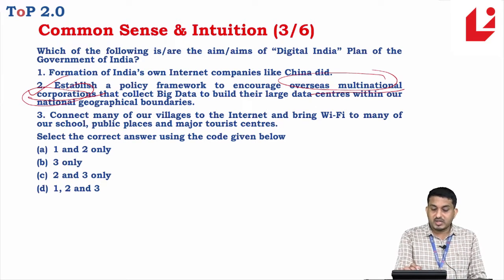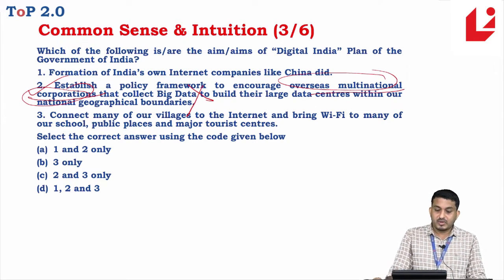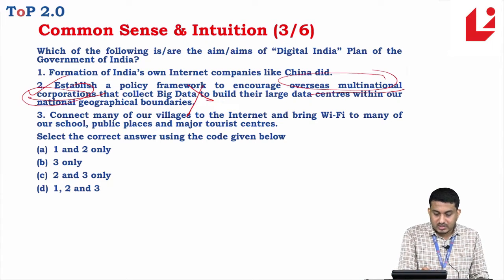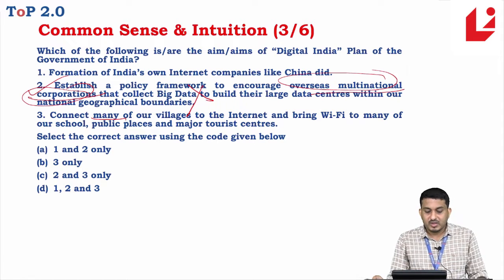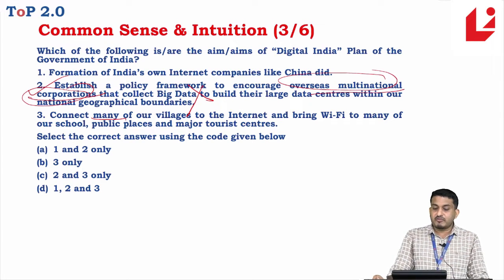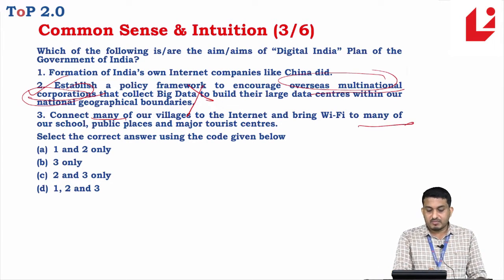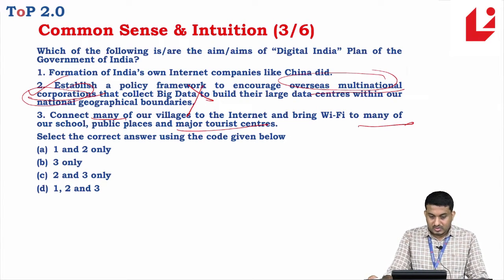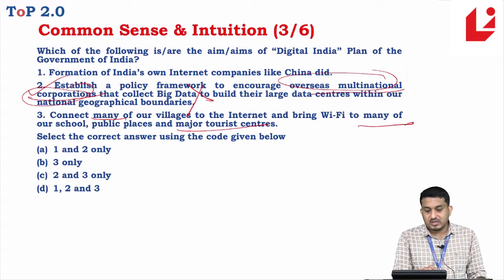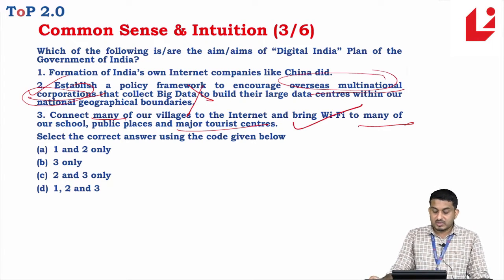Getting it? So that means the statement is wrong. Now next, statement 3. Connect many of our villages, it is not all, many, to internet and bring Wi-Fi to many of our schools, public places, major tourist centers. So many is actually what? It's a possibility enhancer, so statement seems right.